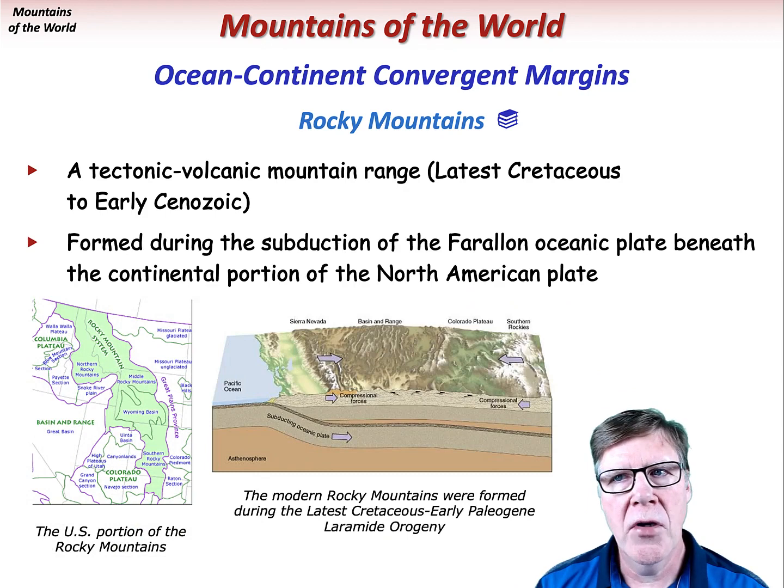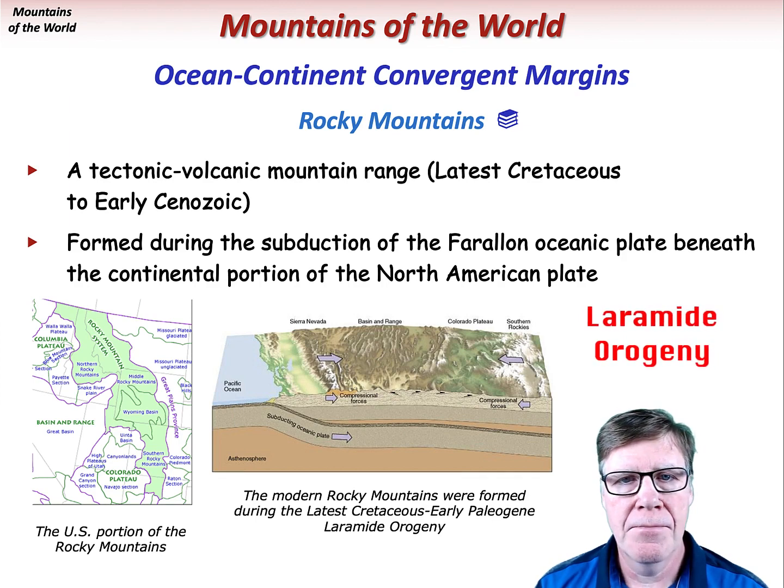They were formed during the low-angle subduction of the Farallon Oceanic Plate beneath the continental portion of the North American Plate. This mountain-building event is known as the Laramide orogeny.